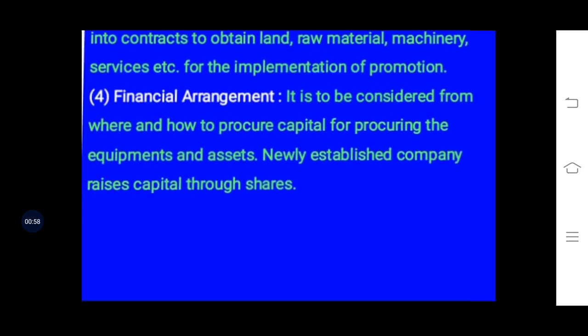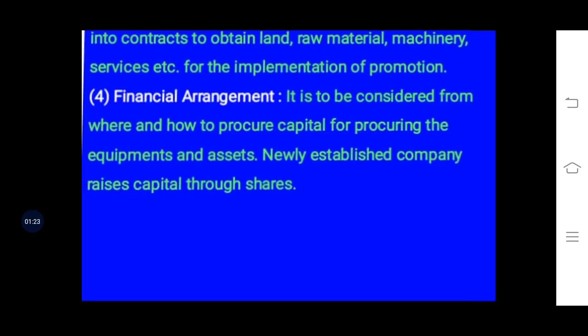After establishing the company, they can issue the shares and get capital from the shares. But before that, when they do not have shares and the capital is needed for commencing the company, that capital is arranged by the promoter.